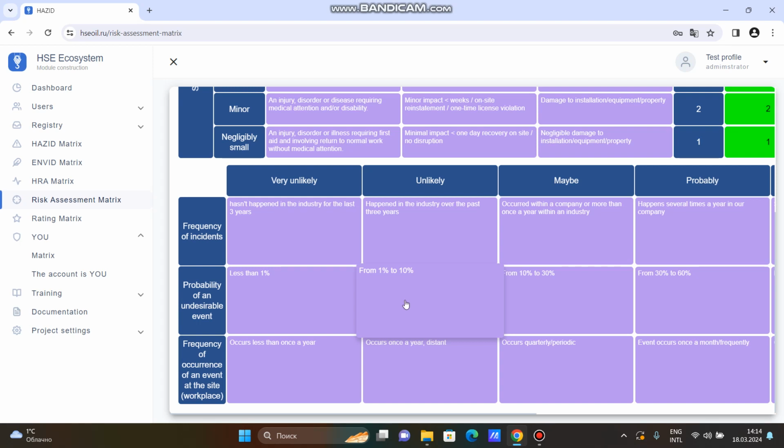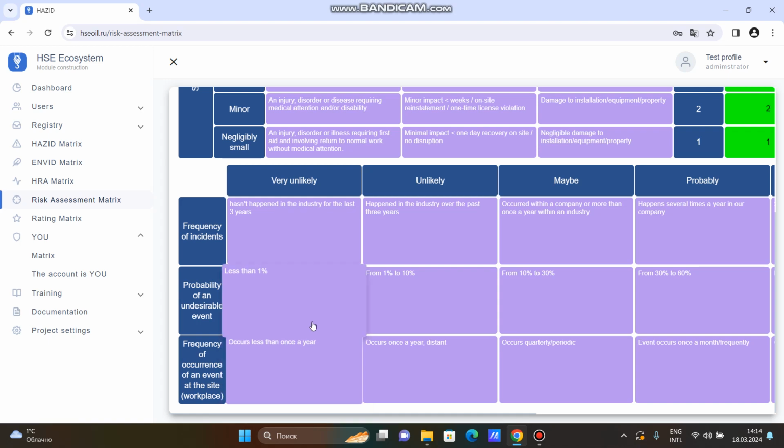Here we can set that very unlikely means that it occurs less than once a year. So we looked at likelihood and how we fill in this matrix. Every customer fills it in taking into consideration specific characteristics of their project.